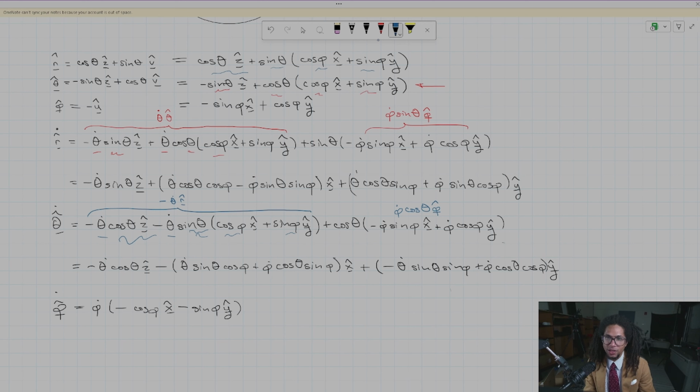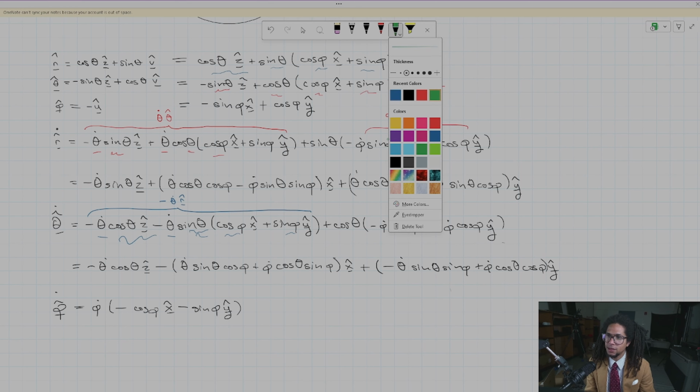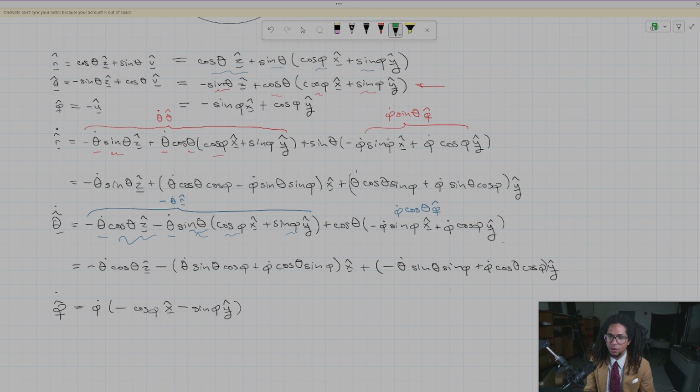So in particular, we want the z hat to cancel out. Let me grab a new color and let's see if we can achieve that. I think to get the z hat vector in the r hat and theta hat directions to cancel out, we should try and multiply r hat by, for instance, sine theta and theta hat by cos theta, and then add them together. So let's look at sine theta r hat plus cos theta theta hat.